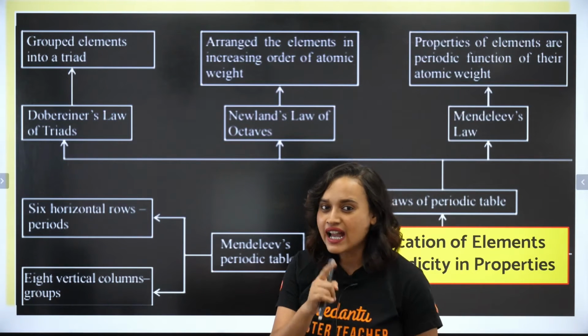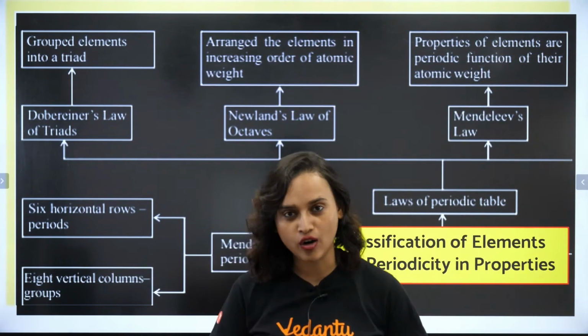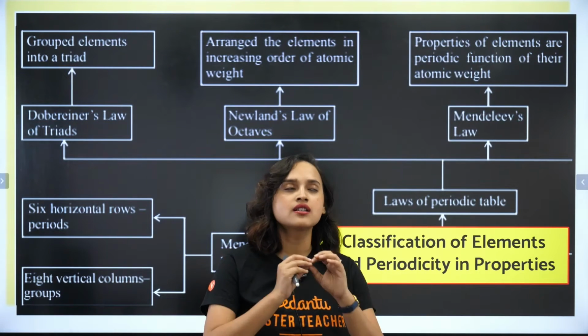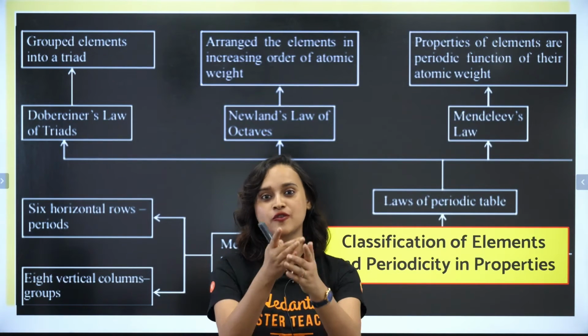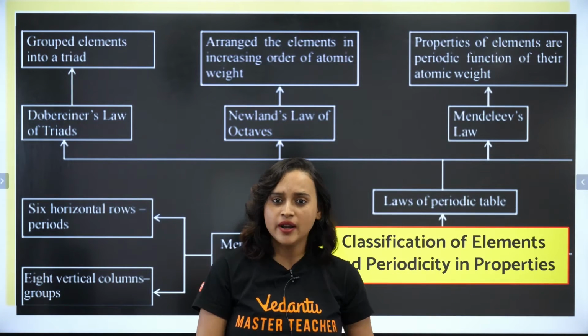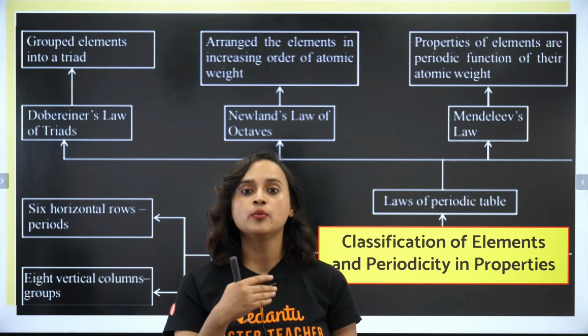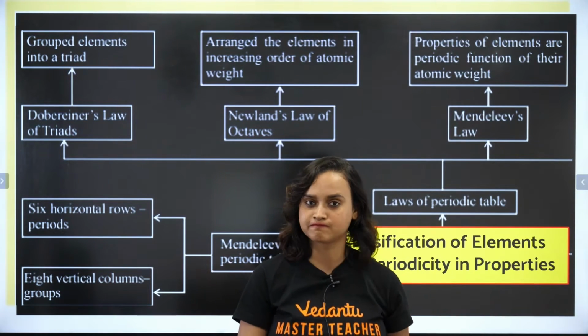Yes, and that is when Mendeleev, who is considered the father of the modern periodic table, came in. So what Mendeleev did was commendable. That's what got us to this phase of periodic table that we have now. Mendeleev thought that properties of elements are a periodic function of their atomic weight.